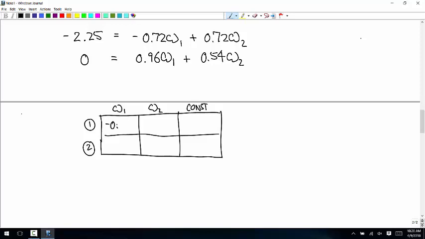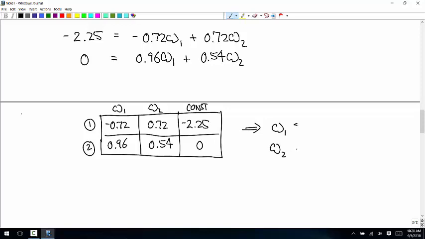So negative 0.72, positive 0.72, constant is negative 2.25. Equation 2 says 0.96, 0.54, 0.